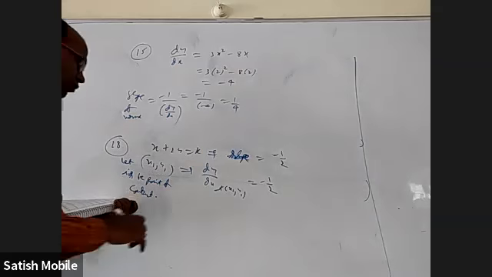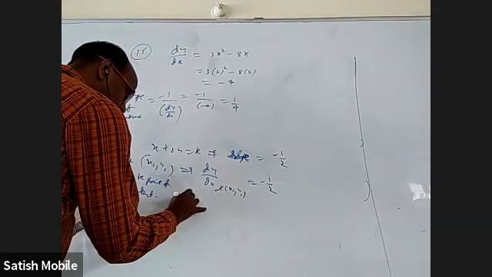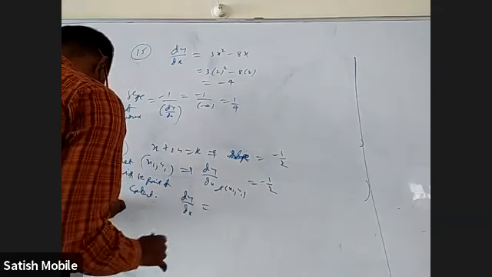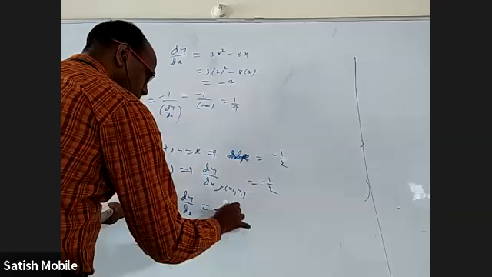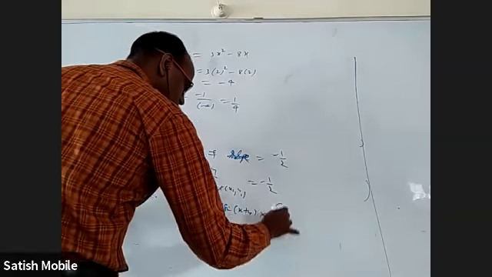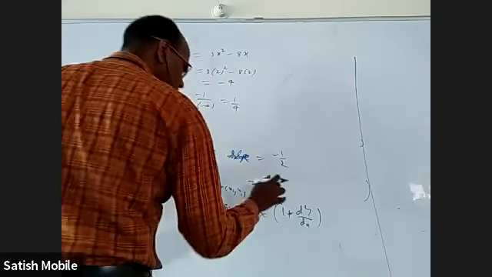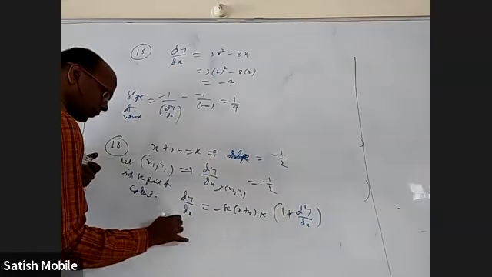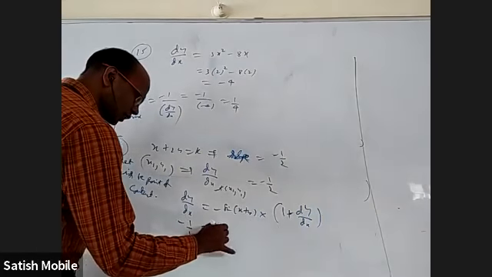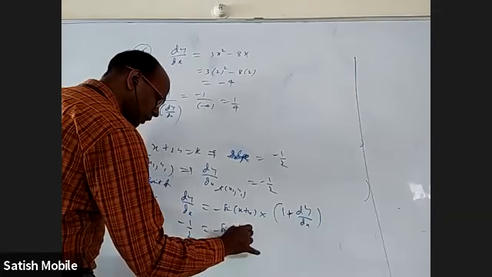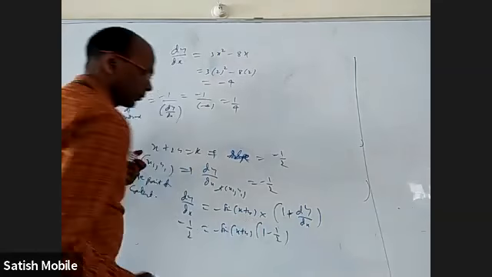So when you differentiate it, what will come? dy by dx is equal to cos of (x plus y), derivative is minus sine of (x plus y), into derivative of inner part, which is 1 plus dy by dx. But dy by dx is minus one half, substitute it. This is minus sine (x plus y) into 1 minus one half.